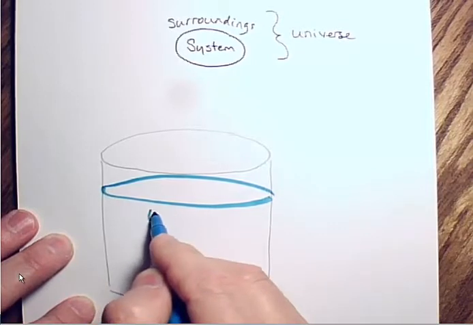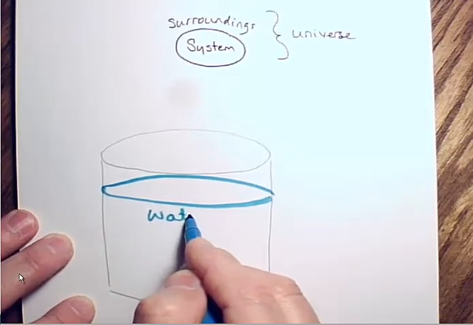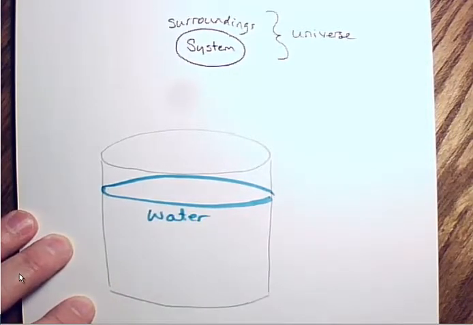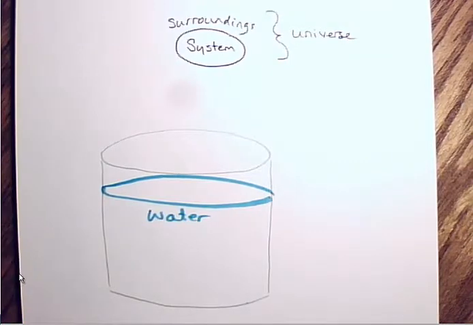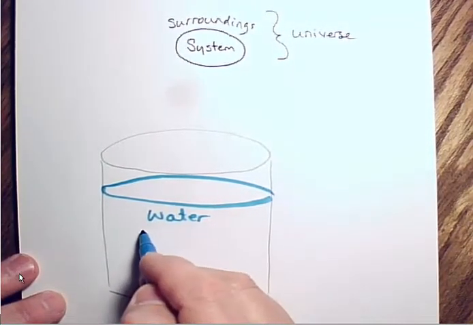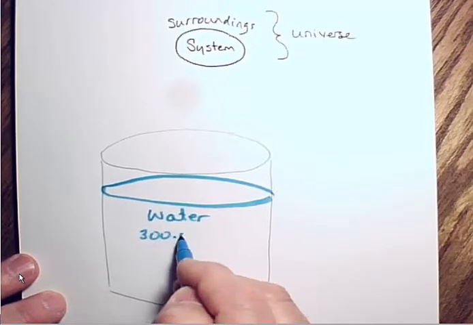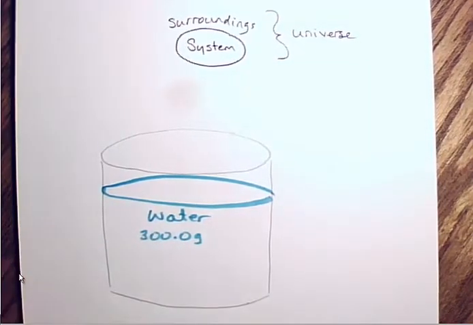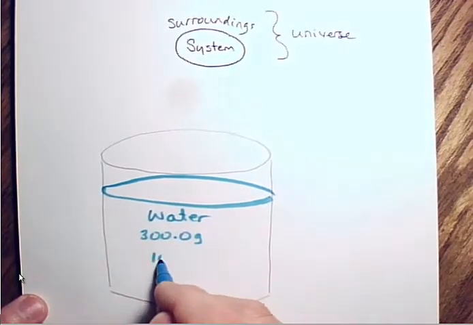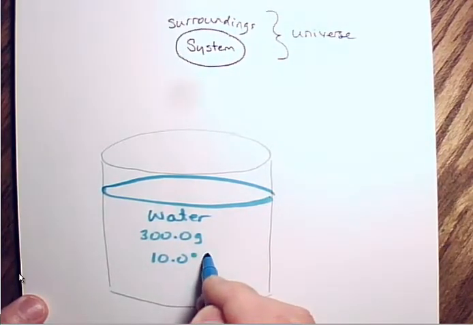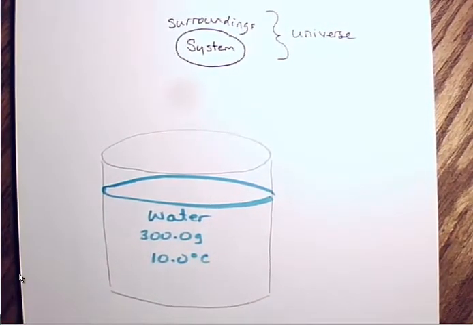So we've got water in our container here. Just for the sake of this example, we're going to say this water is about 300 grams. That's about the size of a medium-sized beaker for us in a high school chemistry lab. And we're going to start with a temperature of this water of 10 degrees C.